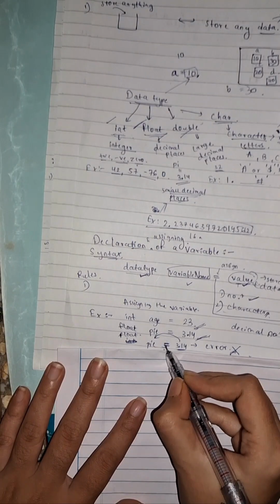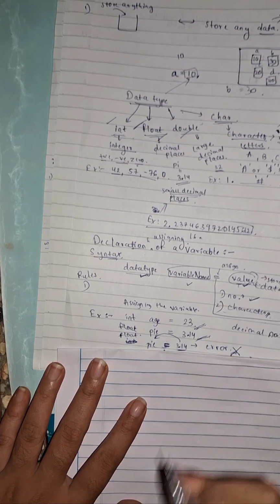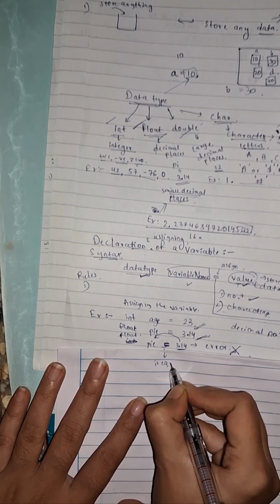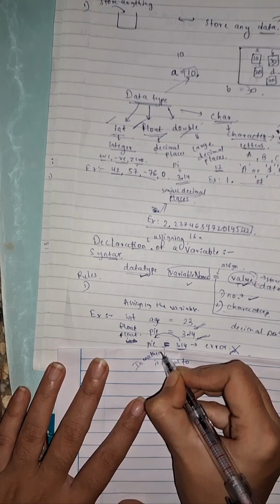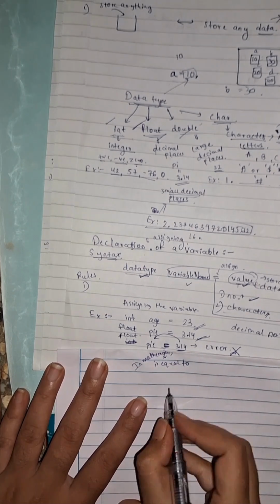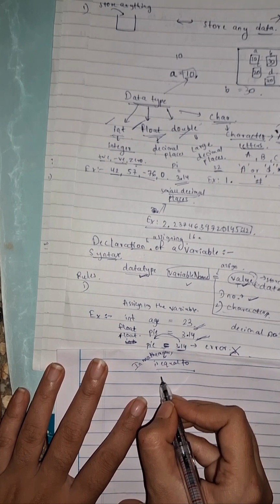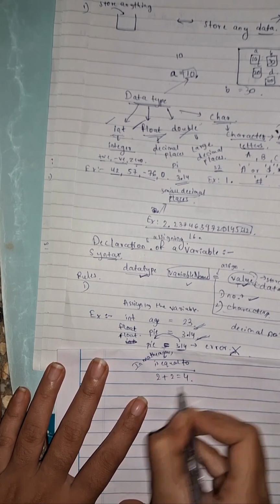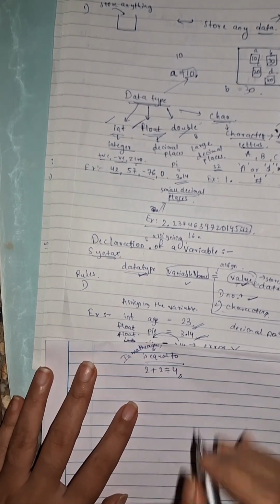Now we are going to discuss this symbol. We are very familiar with this symbol; in mathematics we call it is equal to. We use this symbol in mathematics to tell that two values or expressions are equal.